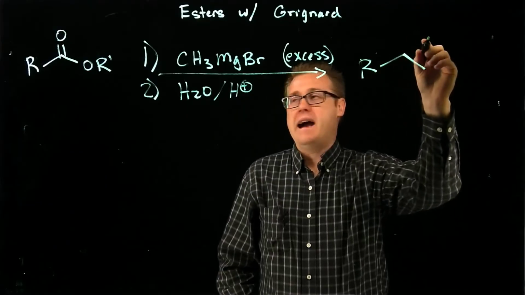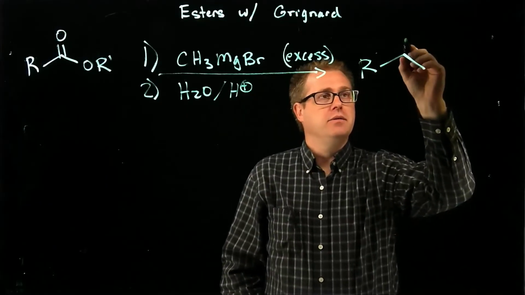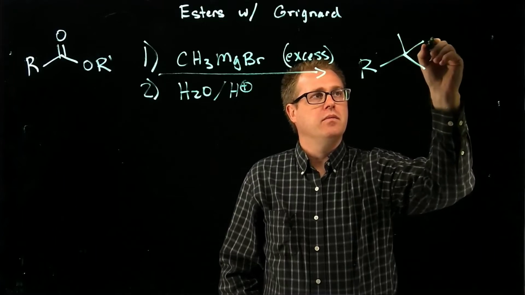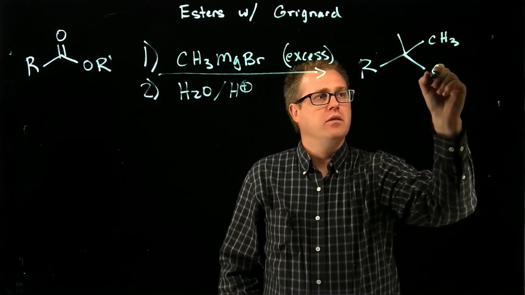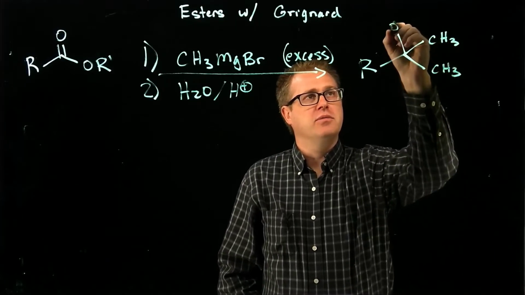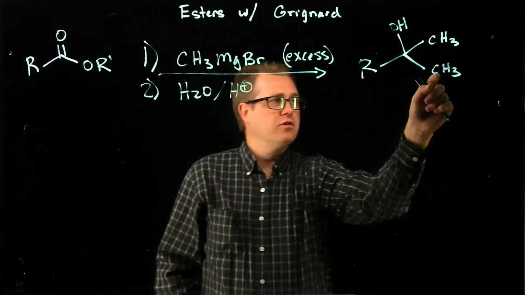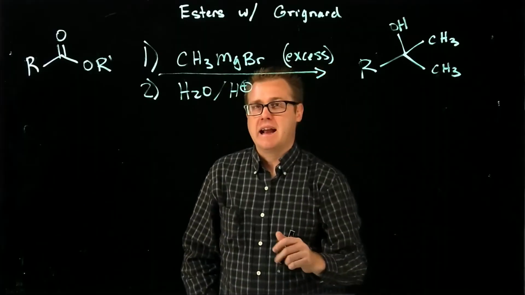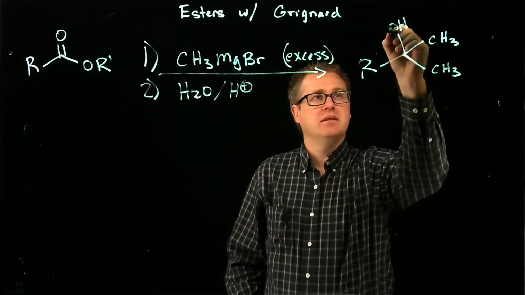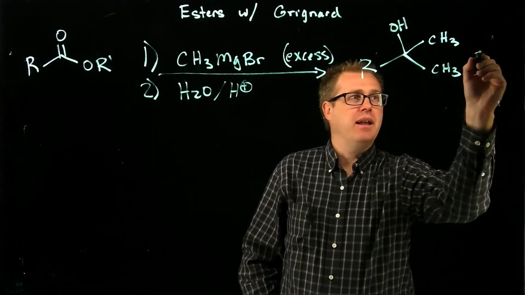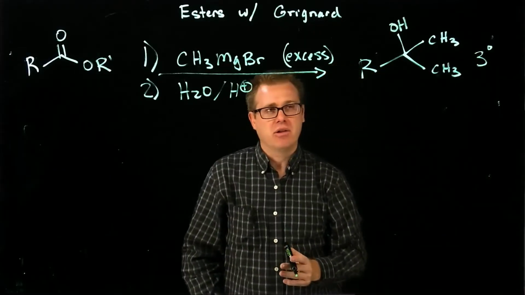We would have added the 2 methyl groups. So the methyl groups right there are those right there. And you see that I added it twice. So what do we make? We make a tertiary alcohol.